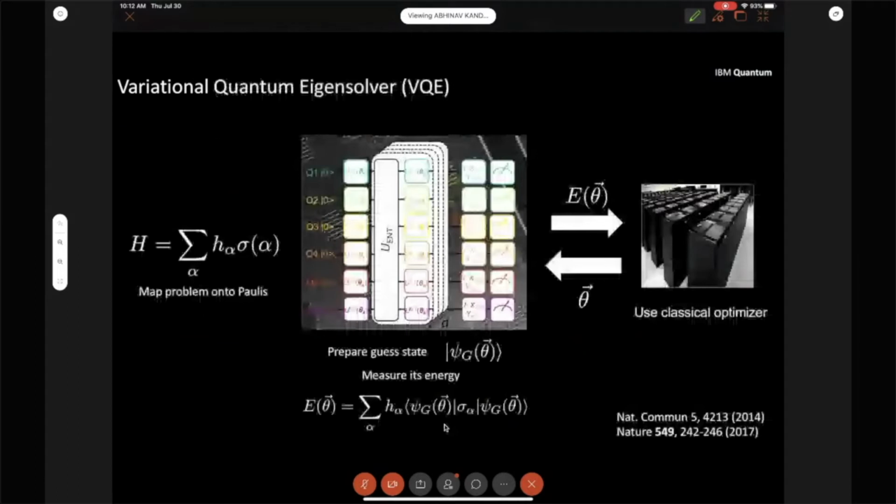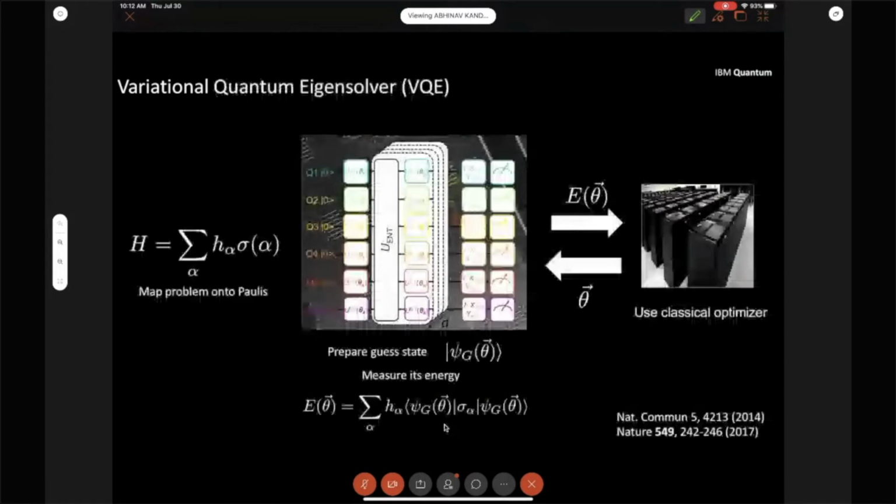And once the energy is measured, you supply that to some classical optimizer, which runs on your classical computer, and that's going to suggest a new set of theta values, a new set of parameters to prepare a new guess state. And then you apply this process iteratively till some convergence condition is met.